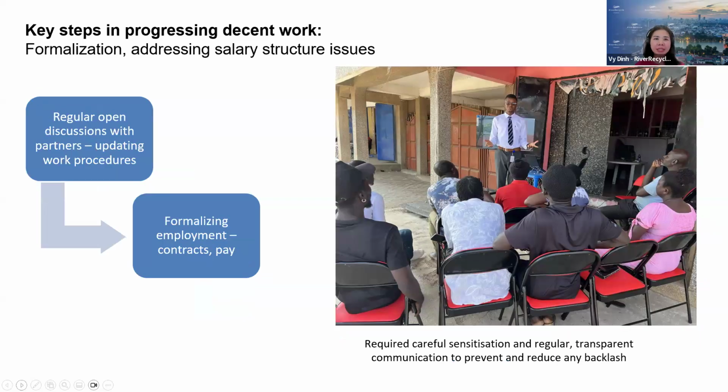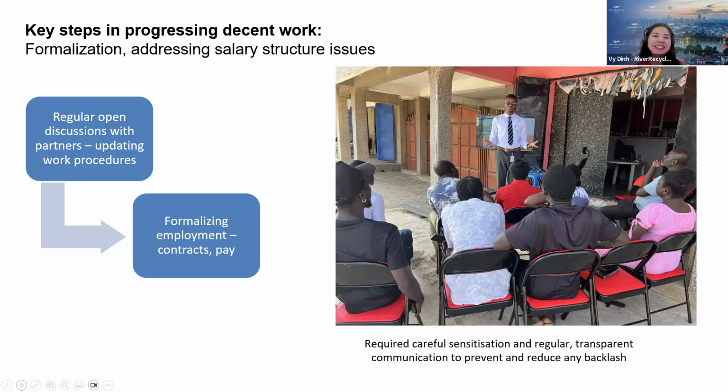So in terms of decent work, what we actually consider and ponder a lot is formalization of our workforce. We have been talking about this since the beginning of the project. And to do this, we need kind of a transition. At first, when we brought it up with our workers, we didn't realize that we would get some hesitance and even resistance from them.